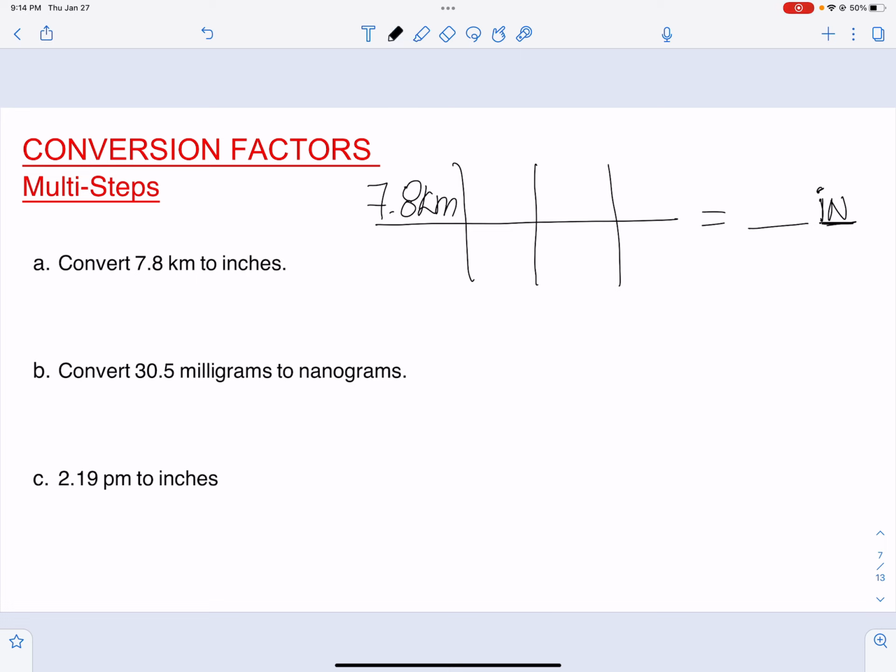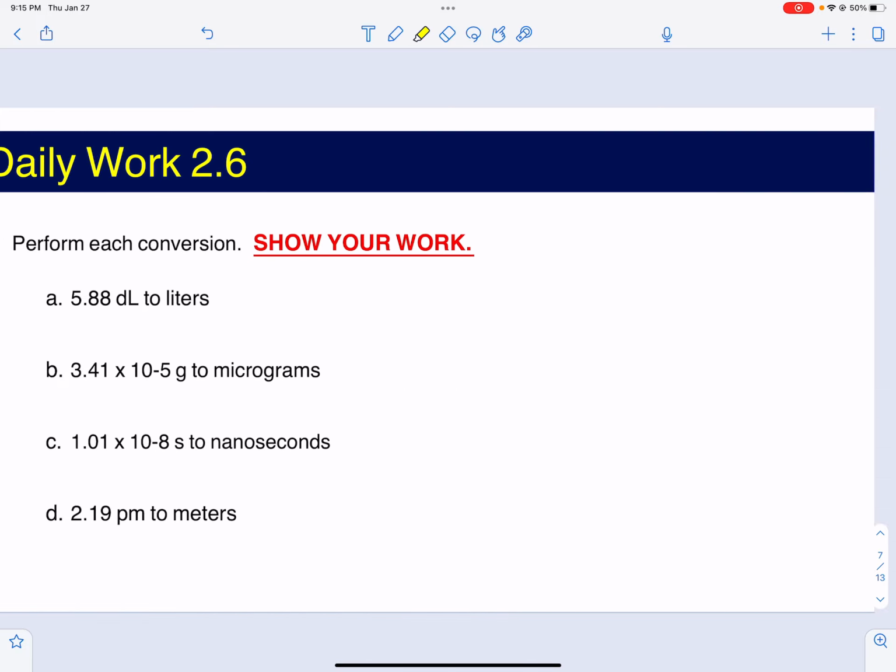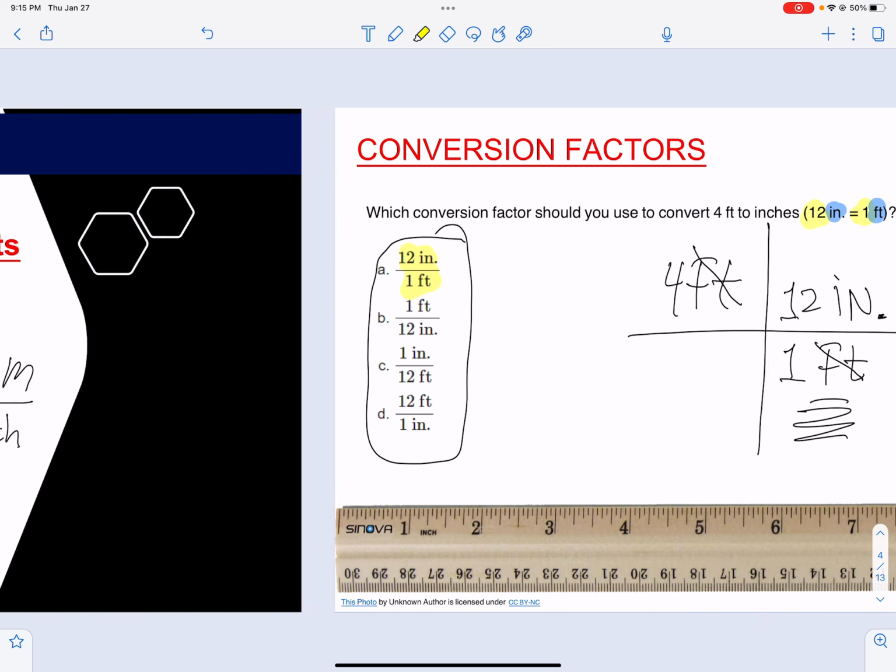We're going to get rid of the kilometers because we want to go to miles first. That way we get rid of the kilometers and all we have is miles. But we don't want miles. We want inches, right? So let's see if we find one from miles to inches.